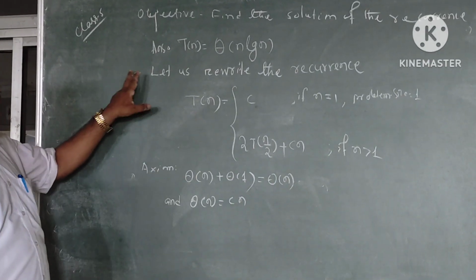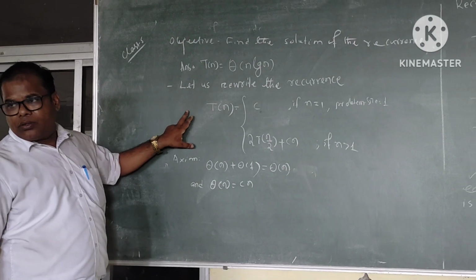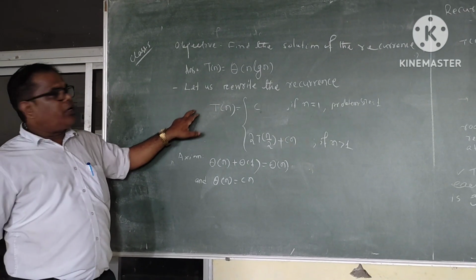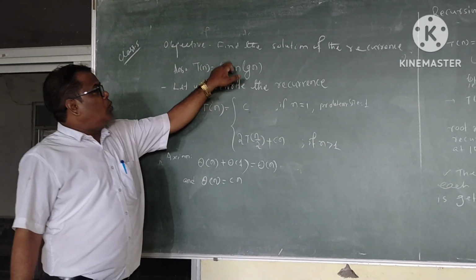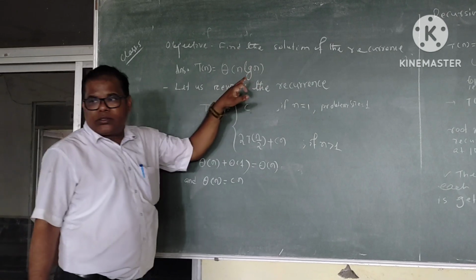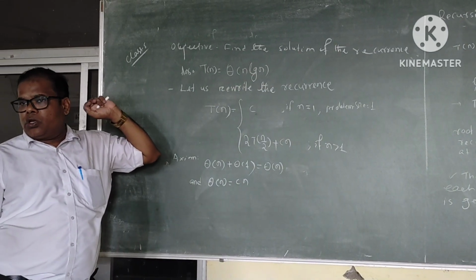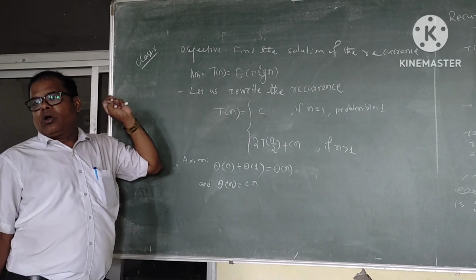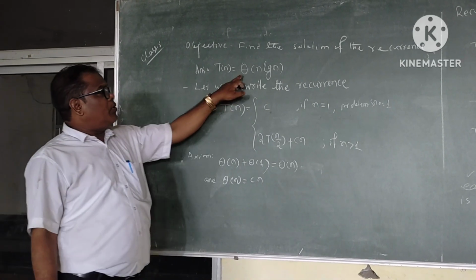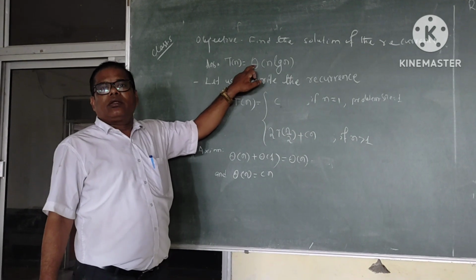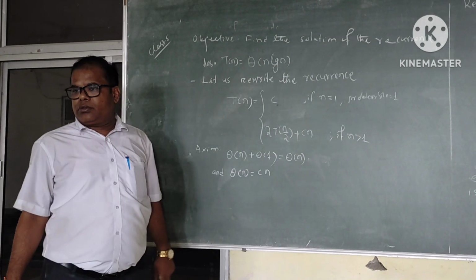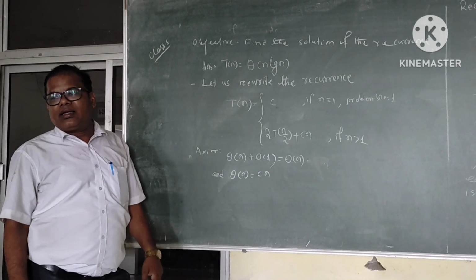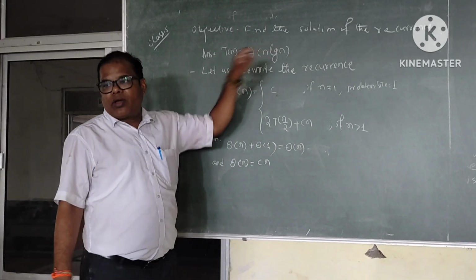Our main objective is that the running time should be represented in theta notation, so we find the solution of the recurrence in theta notation. If anybody asks you the time complexity of merge sort in theta notation, you must say theta n log n. But the question comes to your mind: sir, how do we obtain this theta n log n?